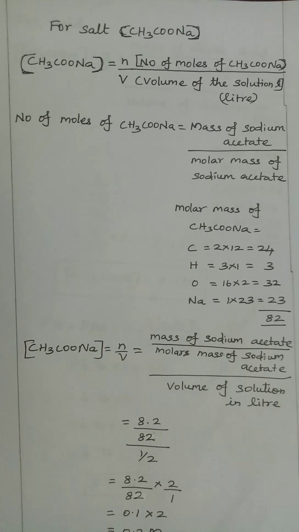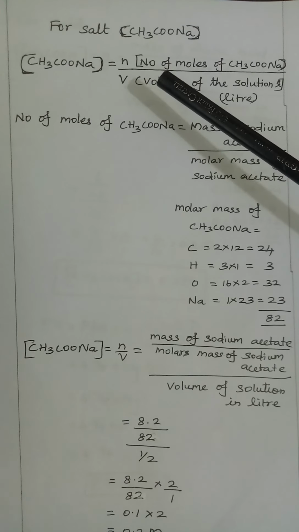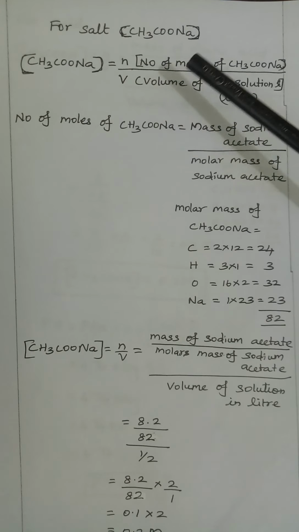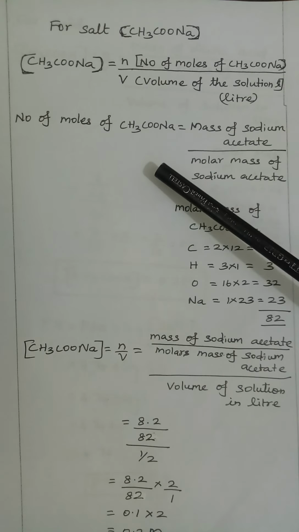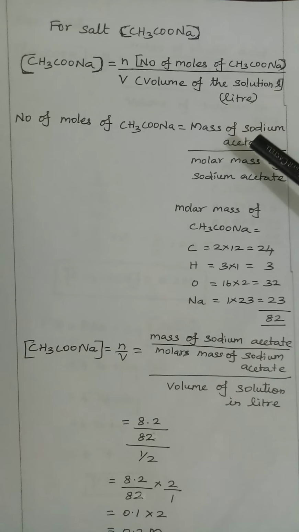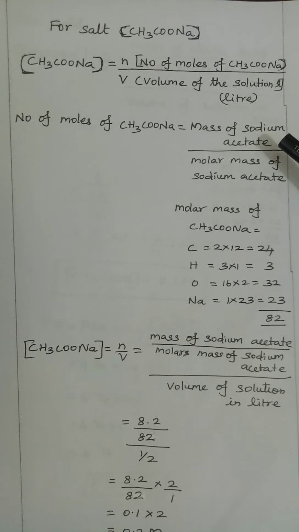The pKa value is calculated. Then how can you calculate the concentration of salt? The salt is sodium acetate. Concentration is equal to N by V, number of moles divided by volume in liter. Number of moles is mass by molar mass. So the number of moles of sodium acetate is the mass of sodium acetate divided by the molar mass of sodium acetate.